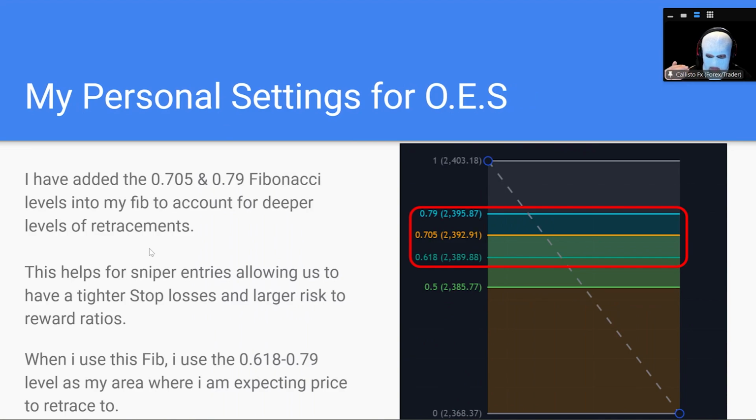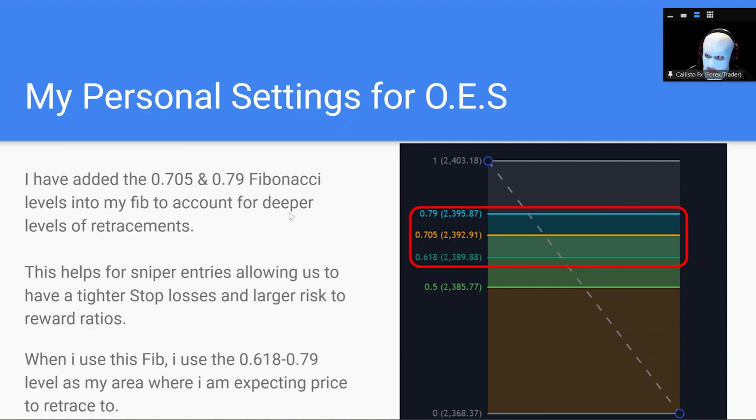If you take a look here, I want to mention something. I personally have added even more levels for myself. You might be asking, why do you add the 0.705 and the 0.79 level? Reason being, the more I trade, the more I realize that price action sometimes retraces more than the 0.618 level. It retraces even deeper, right?